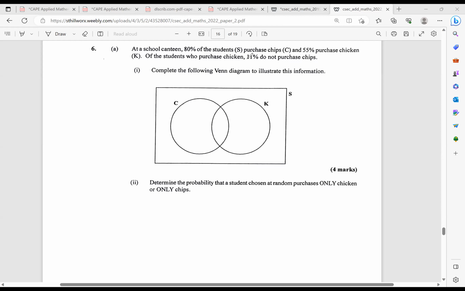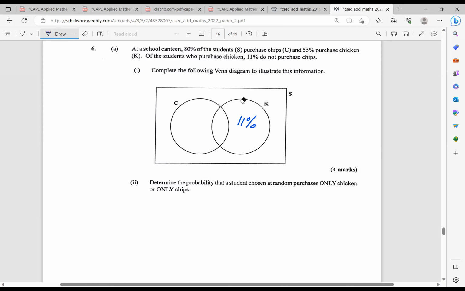So that means that 11% purchased chicken only. Wait, why would you put K as chicken? Weird question. So they put 11% as chicken only.